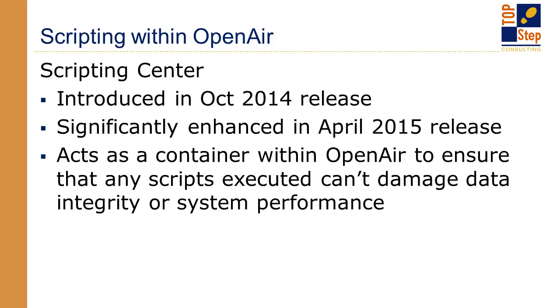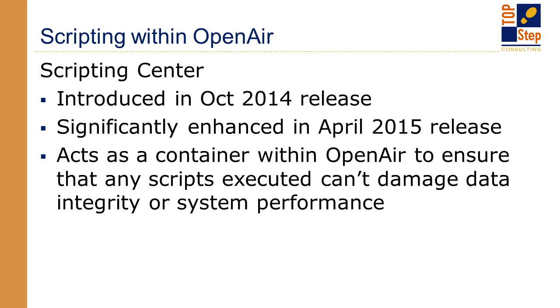Basically, it's a container within OpenAir that implements that governance system and gives you some tools to use to reference, to show you how to build your script, and gives you a place to see the logs that come out of this. It's really useful. We're going to show you some examples of that here in just a minute.